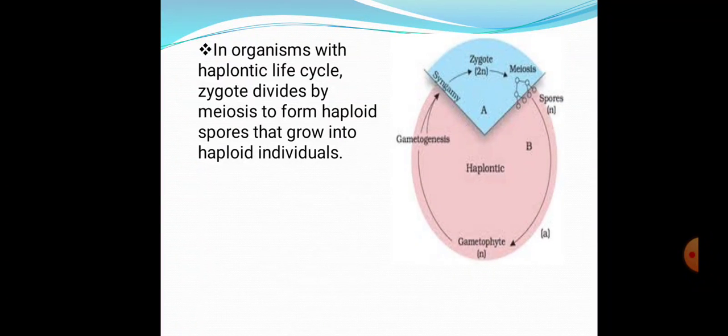In organisms with haplontic life cycle, the zygote divides by meiosis to form haploid spores that grow into haploid individuals. Here you can see the haplontic life cycle. Here the sporophytic body is absent, where the diploid zygote itself represents the sporophytic body, which undergoes meiosis to produce spores. The spores develop into gametophytes.